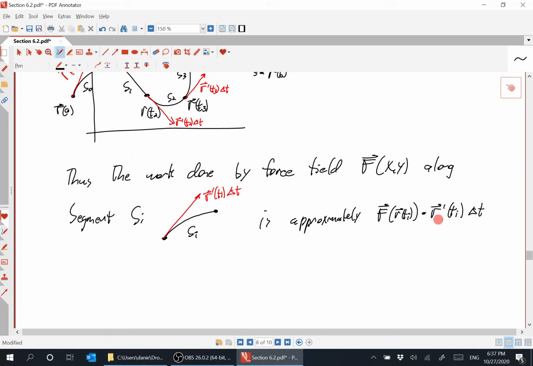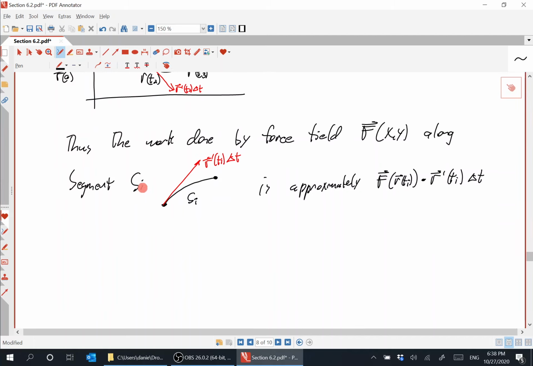It's just the force field F dot product the movement vector, the vector of movement from here to here, which approximates the movement from here to here. You can use the straight line movement from here to here as an approximation as well. Intuitively it's more clear, but the calculation is much easier this way. And we've already seen that the tangent function does, in fact, estimate the curve.